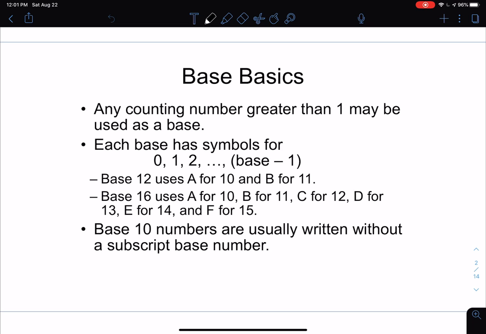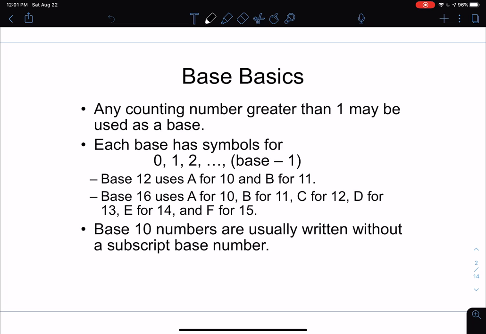And in all these other bases, in order to communicate that you're in another base, you can use a little tiny subscript number for the base. So like if something's in binary, you would write your sequence of zeros and ones, and then you put a little tiny 2 to the far right bottom of the number to let people know that it's a number in base 2 and not in base 10.